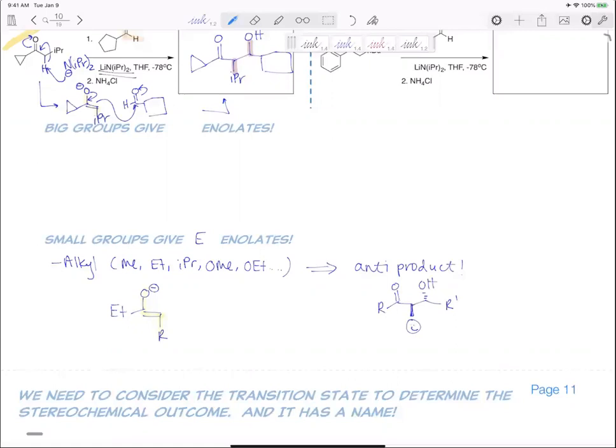So if you have big groups such as phenyl, two R groups attached to a nitrogen, and you have, of course, phenyl derivatives. I think these are the only two they're going to encounter. Oh, tert-butyl as well. They're going to give you Z enolates.